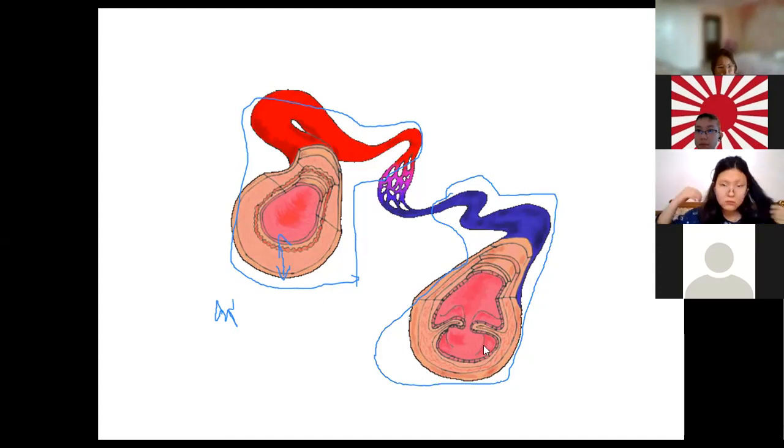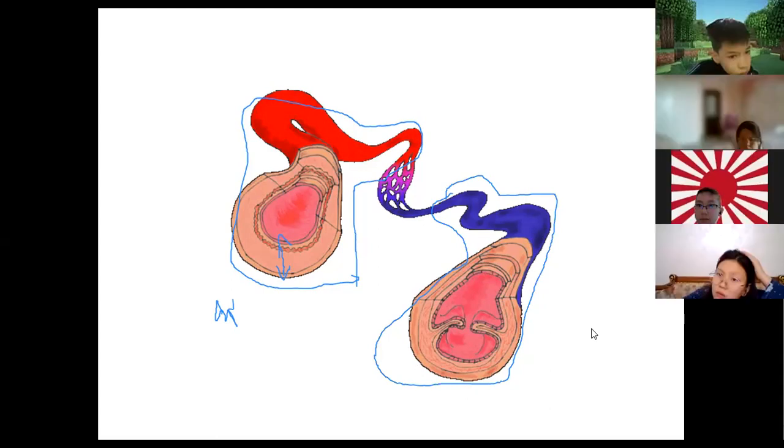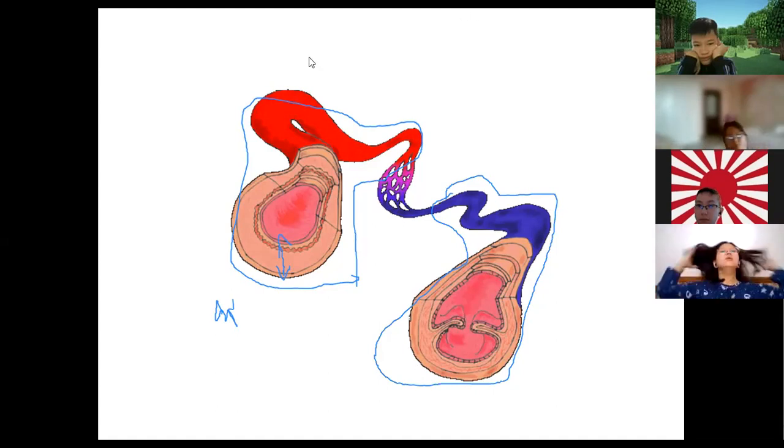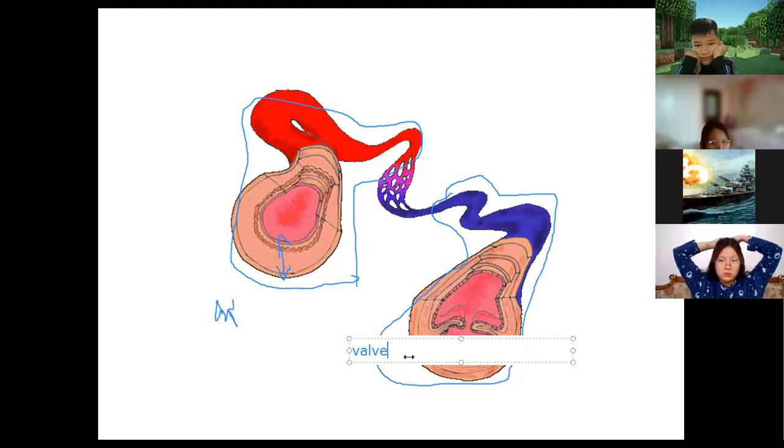One more thing I forgot to say, boys and girls, listen. In a vein, as in the heart, we have valves. Do you remember we learned the term valves? Like gates, which close against the backflow of blood. So veins also have valves.